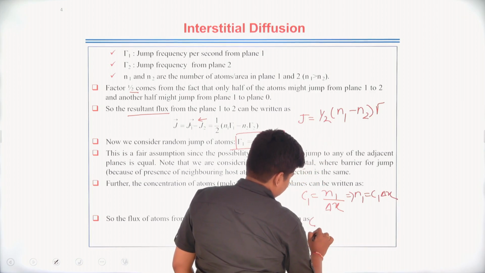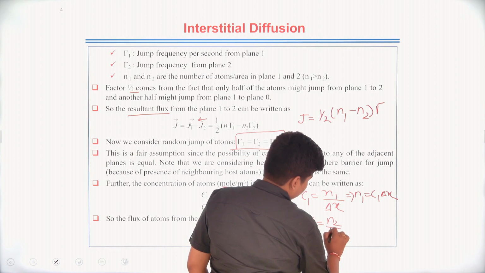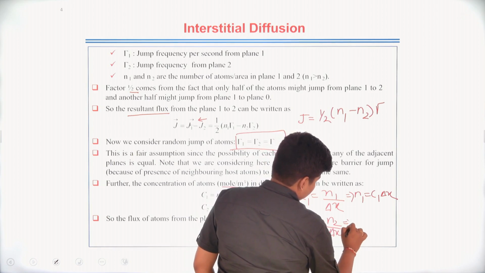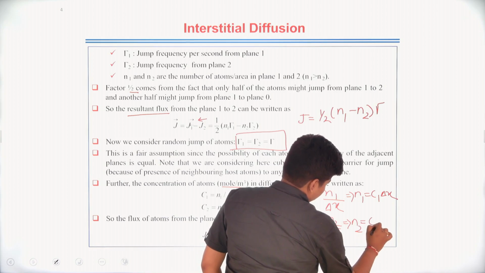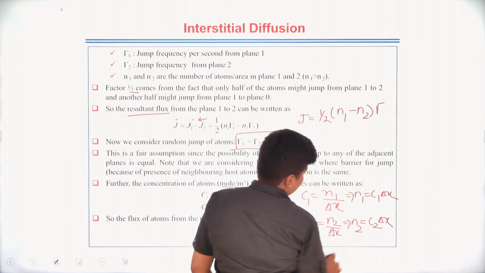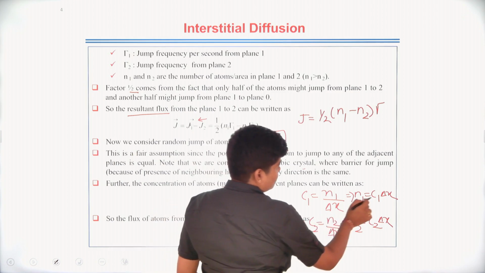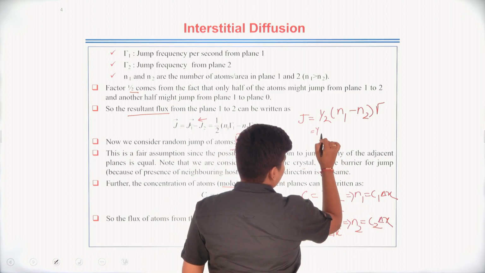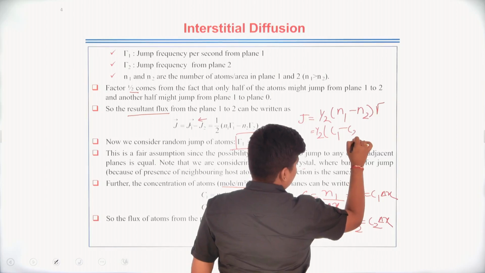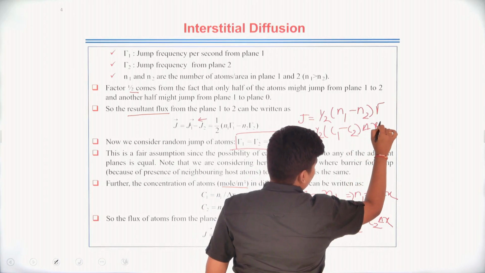Here C2 is N2 by del x, so N2 is C2 del x. In place of N1 and N2 we write C1 and C2. So half of C1 minus C2, del x will be common and will come out of the bracket.